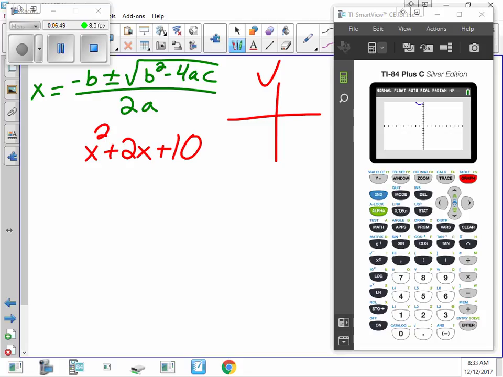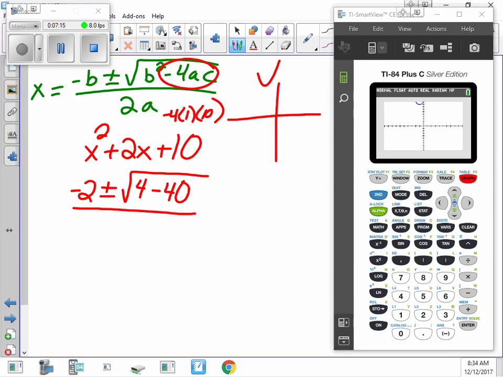So quadratic formula. Negative b would be negative 2 plus or minus the square root of 2 squared, which is 4. And then off to the side, I write this. Negative 4 times 1 times 10, which would be minus 40, over 2 times 1 is 2.